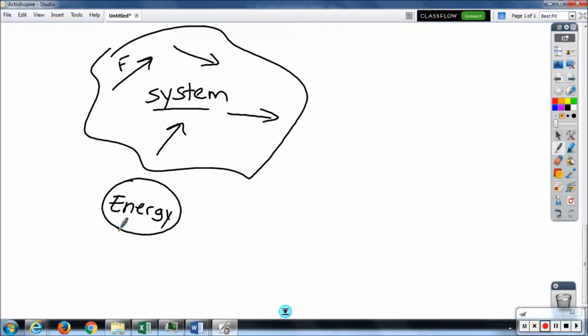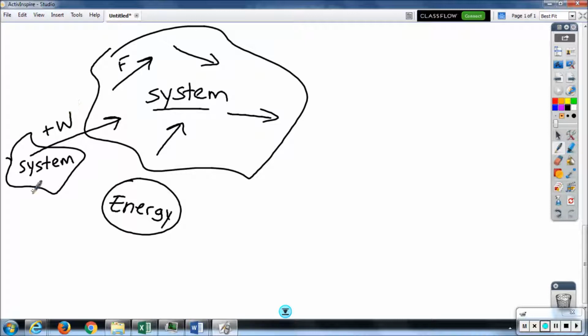Unless you have a situation where you have another system out here that has energy and it interacts with your system, right? So if this system does positive work, then it helps deposit new energy to our system.